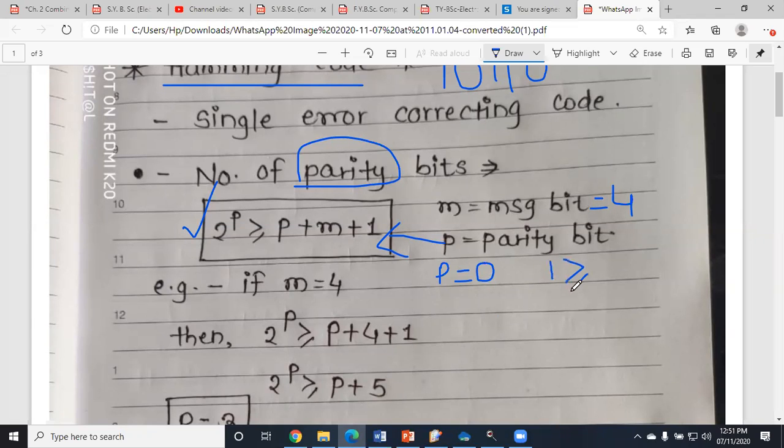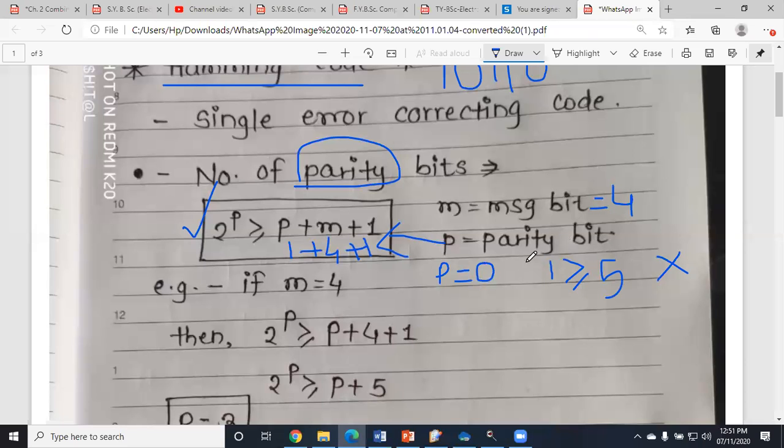Is 1 greater than or equal to p plus m plus 1, which is 0 plus 4 plus 1, 5? No. So we cannot use p equal to 0. Initially, we took p equal to 0 because we want to know the value of p, how many parity bits we are going to add.